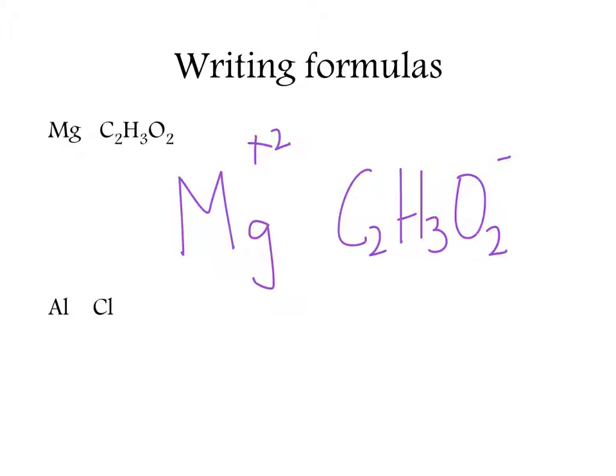So what we're going to do is notice that I'm going to need 2 of these acetate ions to have the same charge as the magnesium. So I'm going to put a parenthesis around the acetate and put a 2 there to give me 2 acetates. Make sure that you put a parenthesis. So on your paper, oops, let me undo that.